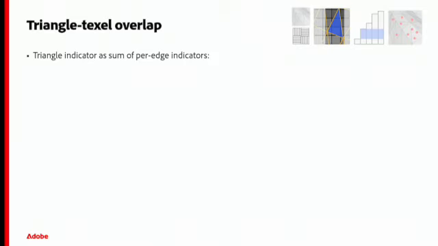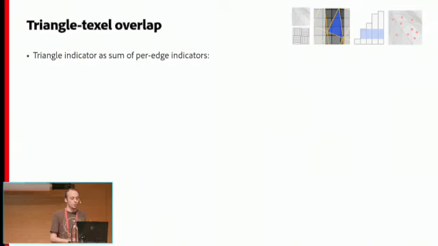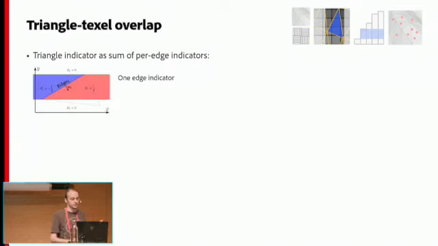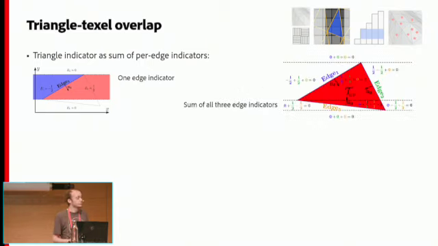So the trick here is to see the triangle indicator as a sum of per edge indicators, which look like this: minus half outside the edge, half inside the edge, and 0 outside the y range of the edge. If you look at the three of them at the same time and add their contributions, you can retrieve the triangle indicator. It's exactly 0 outside the triangle and exactly 1 inside the triangle.